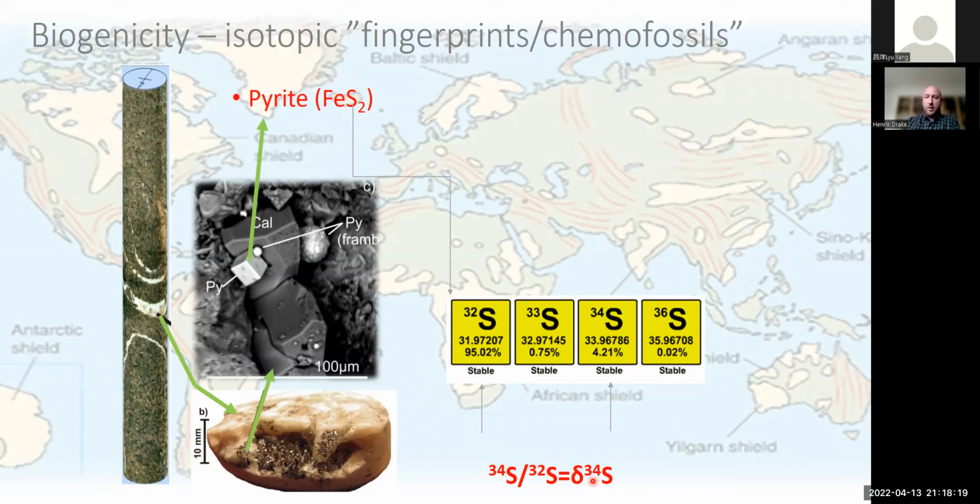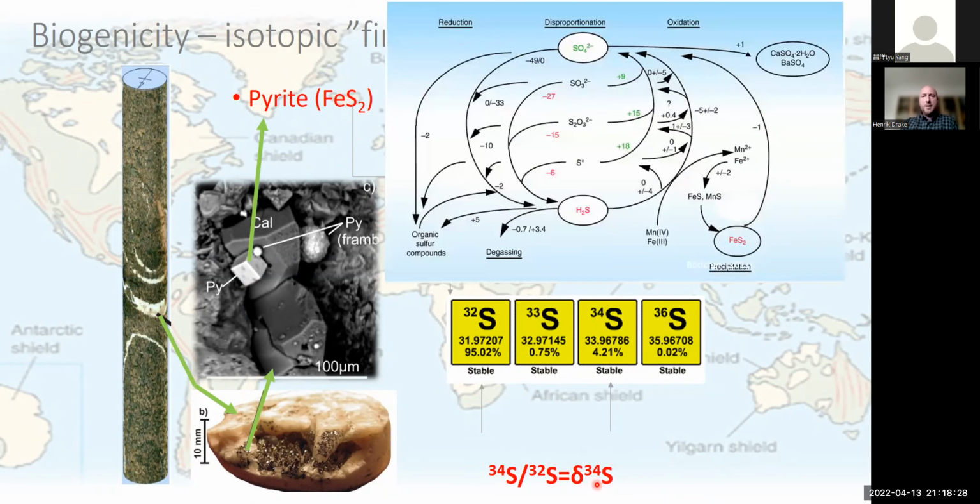We can also look for mass independent fractionation if they are really old. But in these cases, we usually look at delta 34S. And as there is a well-known discrimination against sulfur 34 during microbial sulfate reduction, and there are also different fractionations of various steps, we can use the mineral, the product in the end, that is pyrite, to get knowledge of whether there has been microbial sulfate reduction or not.